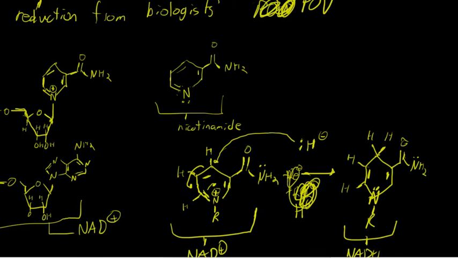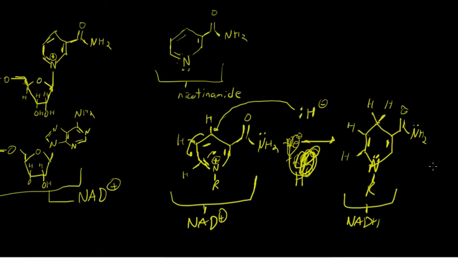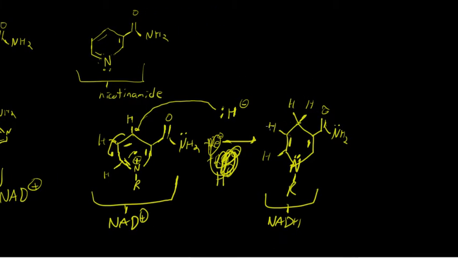Now, what about if we wanted to think of oxidation from a biologist's point of view? Well, if we reverse this reaction here, so let's say this carbon-hydrogen bond were to break and this hydrogen were to take its electrons with it, right? Then what would happen? Well, these pi electrons here would move here. These on the nitrogen would move here.